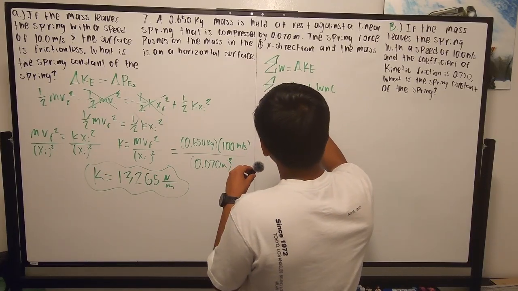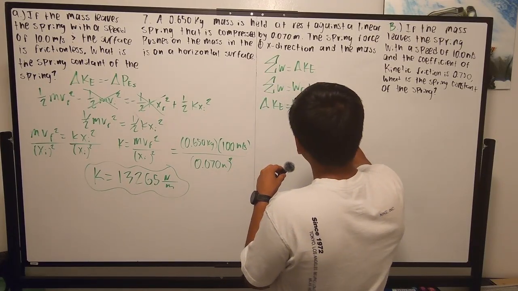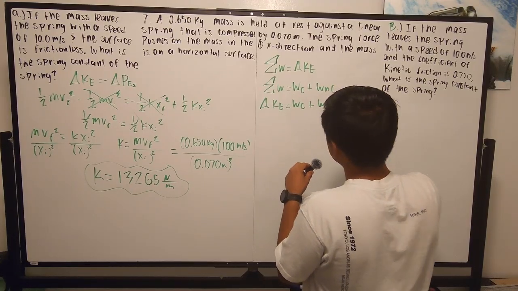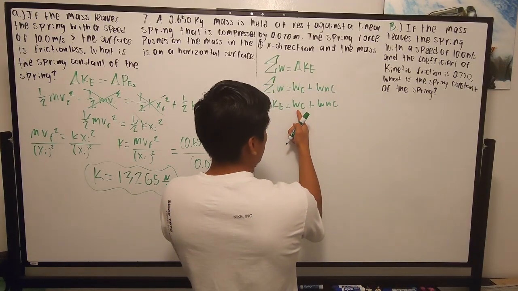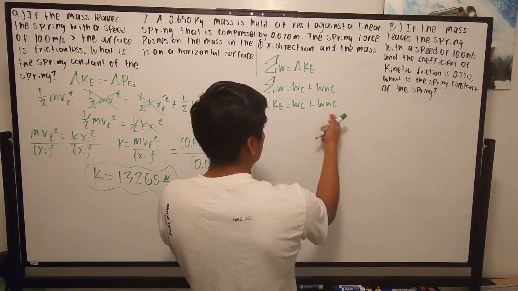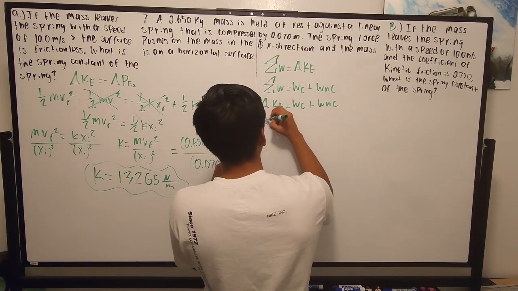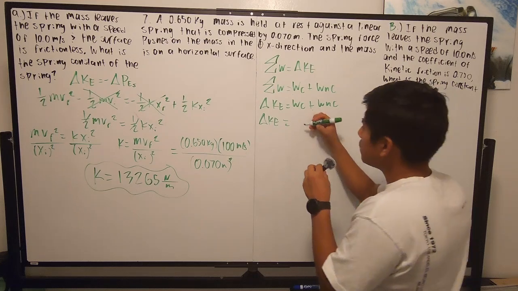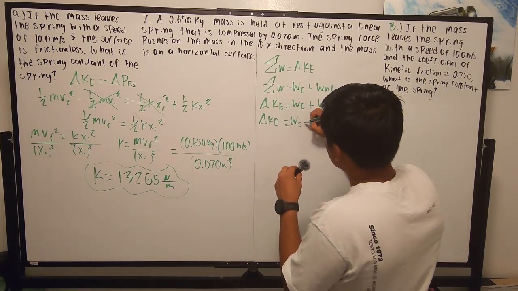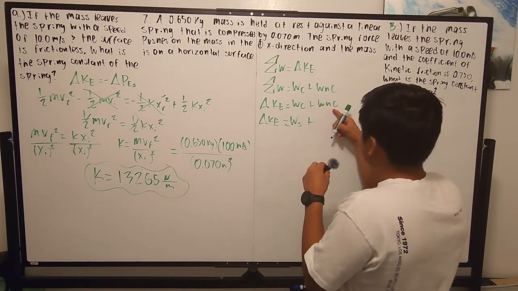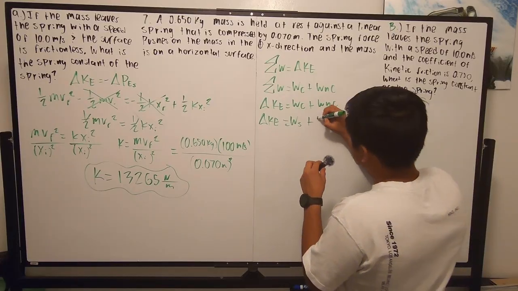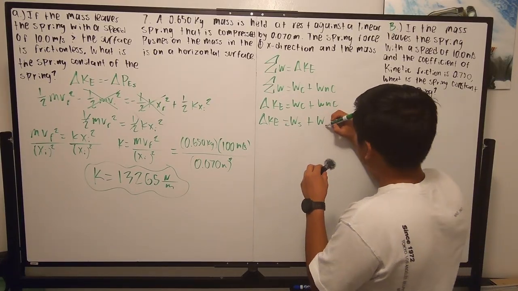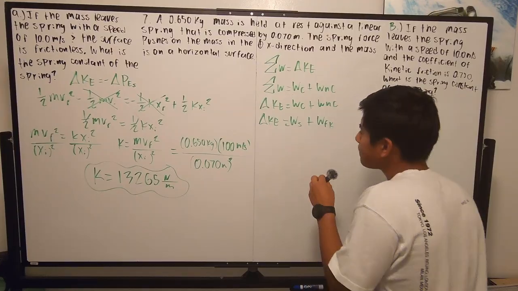So the change in kinetic energy is going to be equal to the work done by the conservative forces plus the work done by the non-conservative forces. And I can rename these: the change in kinetic energy is equal to the work done by the spring force plus the work done by kinetic friction. So I could write it like that.